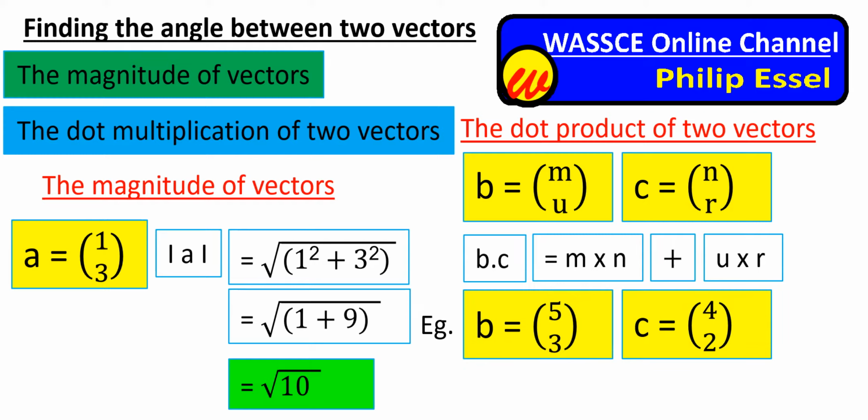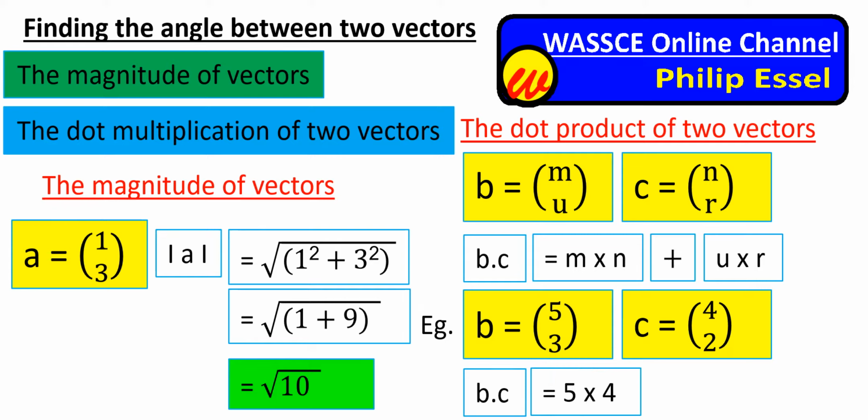So let's look at an example. We have the vector b equals (5, 3) and the vector c equals (4, 2), and we have to find their dot product. So first, the dot product of b and c will be equal to first the x components multiplied together, and here the x components are 5 and 4, so we multiply them together.